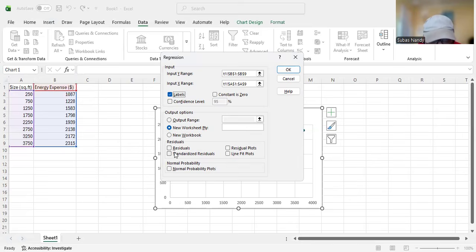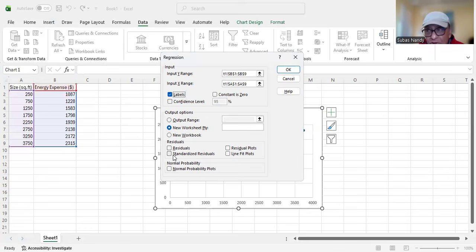I can do the residual if I want. So you ask me what is residual? Okay, residual is, assuming the linear regression equation is true, for each value of x, you will predict a value of y. So the difference between the actual y and the predicted y is the residual.